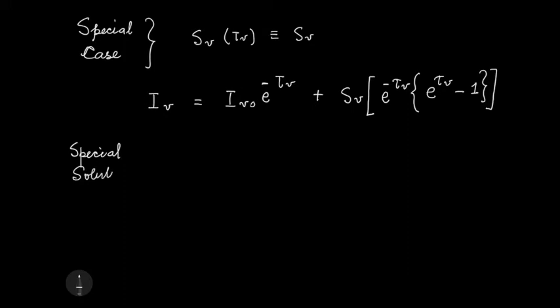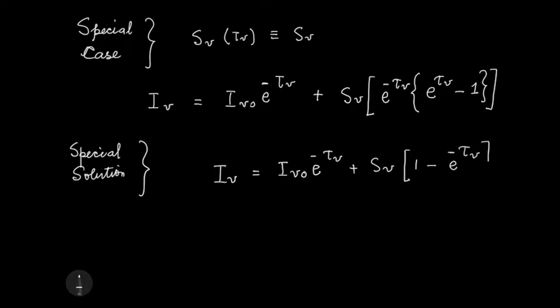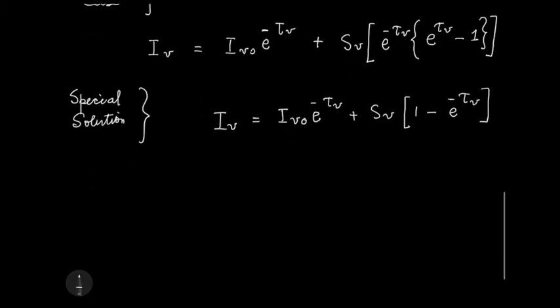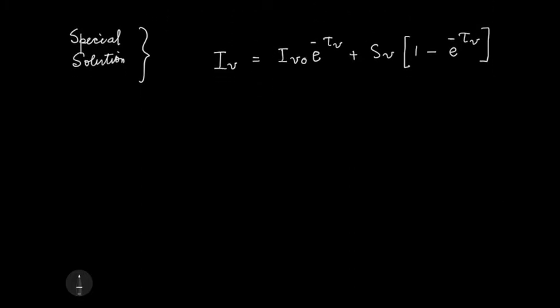So for this special solution, this is just for the sake of understanding, remember, but this will give us an enormous insight shortly. The first term is just I nu 0 e to the minus tau nu, and the second term is S nu times 1 minus e to the minus tau nu. So this is the solution.